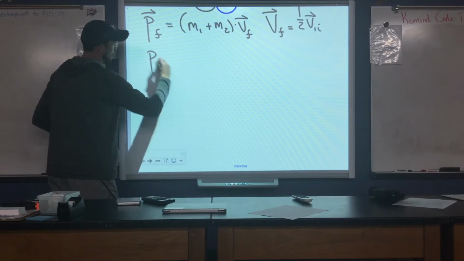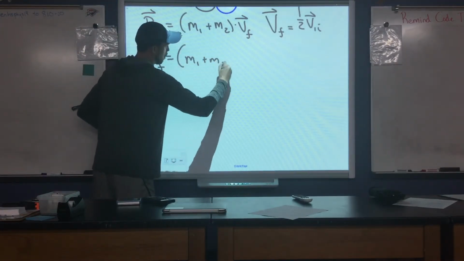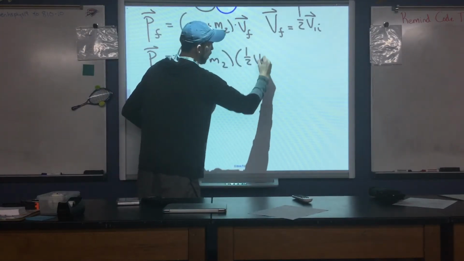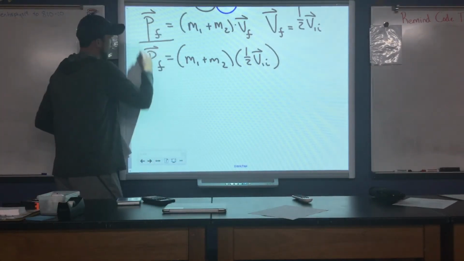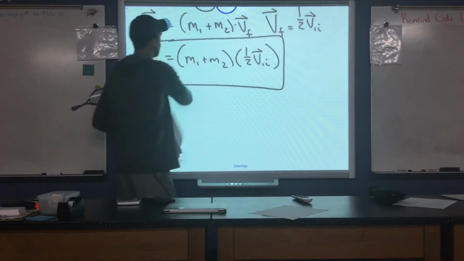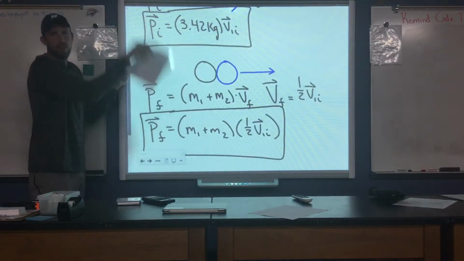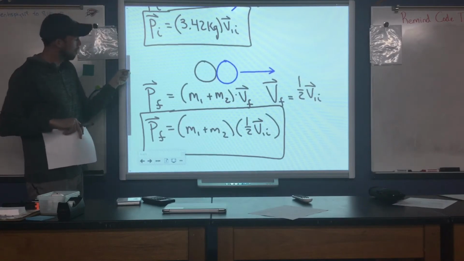Final momentum is equal to the combined mass, m1 plus m2, multiplied by, rather than Vf, 1/2 V1 initial. Because now I have a final momentum equation and an initial momentum equation that have the same velocity variable in them. And maybe we can then use that to cancel some things out.